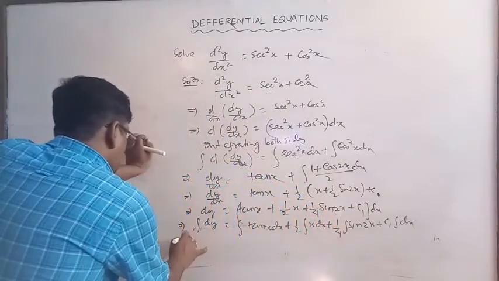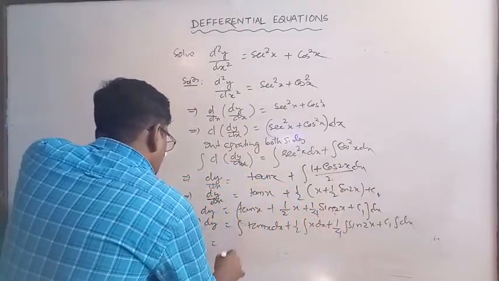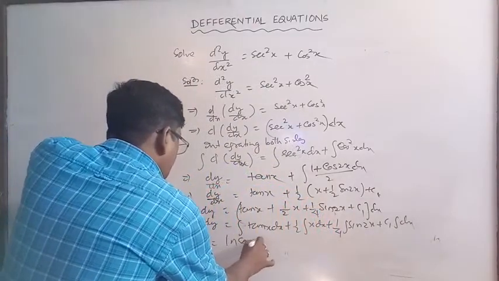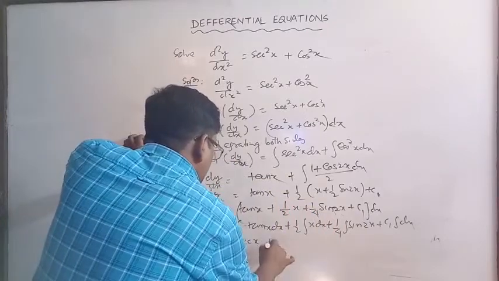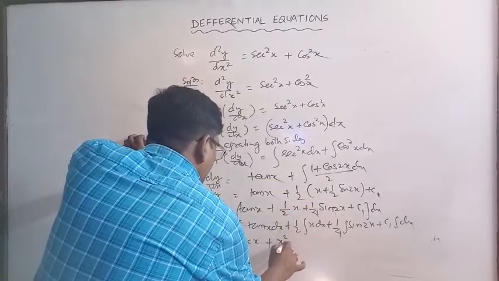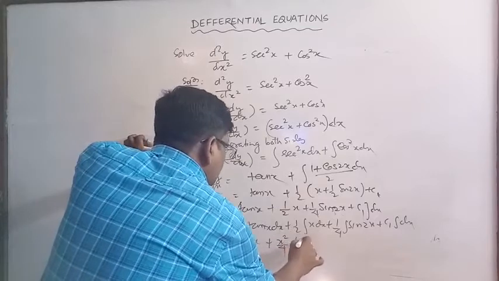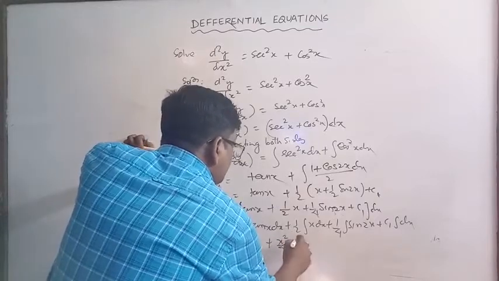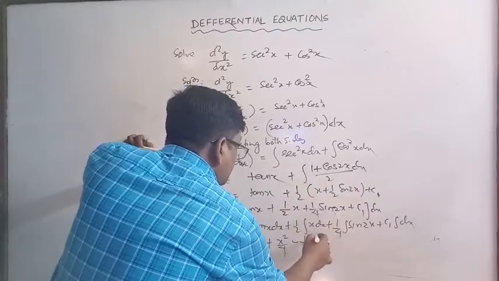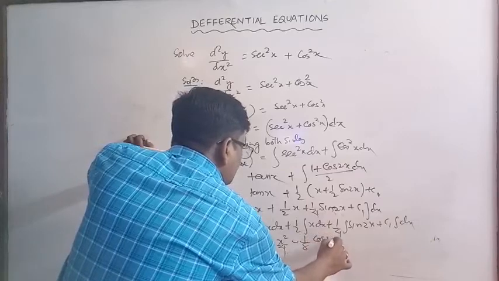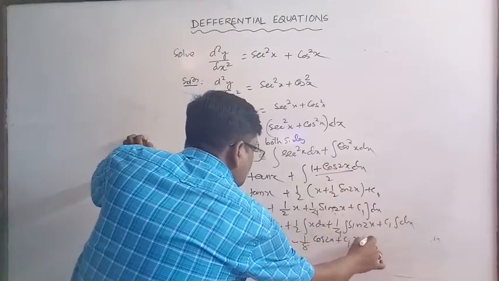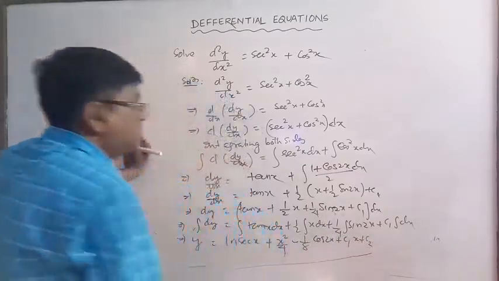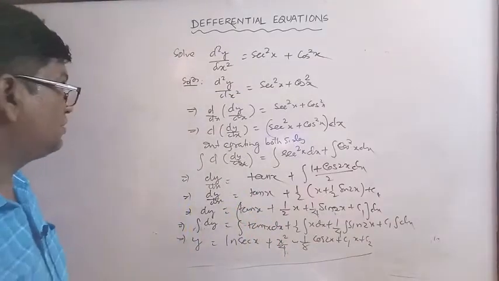So y is equal to 10x square by 4, this is x square by 4, and this is 1 minus 1 by 8 cos 2x plus c1x plus c2. This is the solution of the second order differential equation.